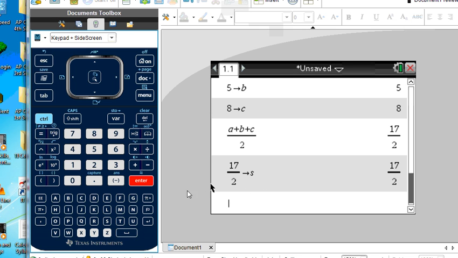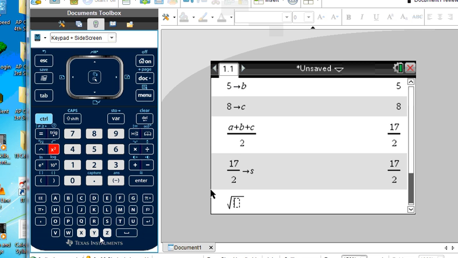So now we have A, B, C, and S stored, so we can now go to our Heron's formula, which is S times... All I want to do is see what happens if we just put parentheses, to see if we get an error message.